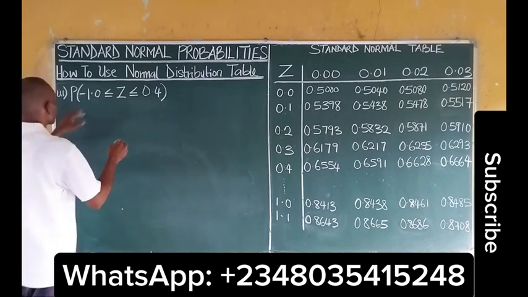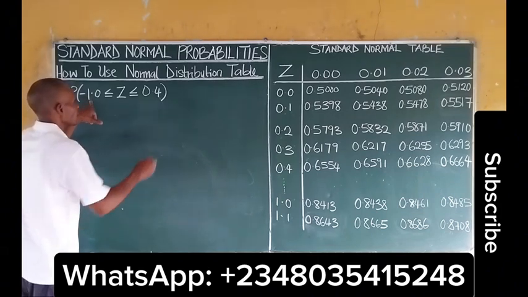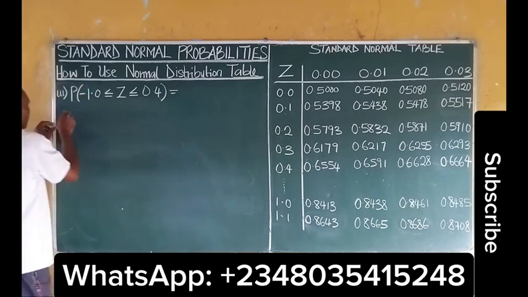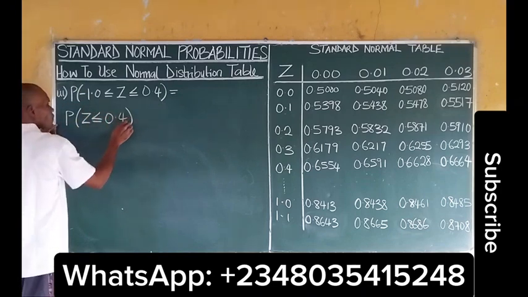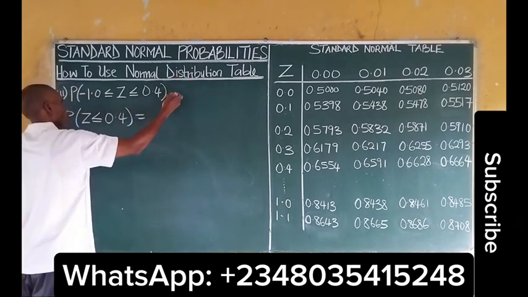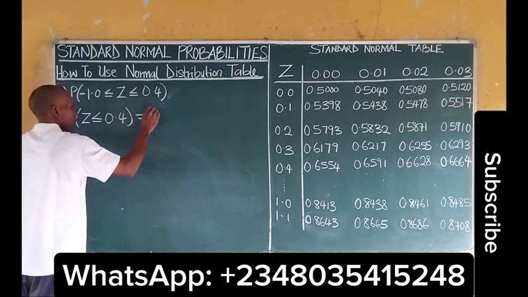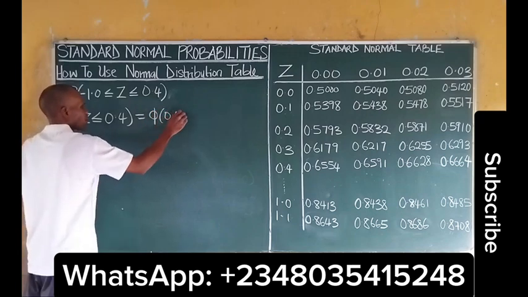So how do we compute this? Of course, now we have a negative sign here. Because of this negative sign, we'll write it individually, which is Z less than or equal to 0.4, which is equal to our normal curve of 0.4.